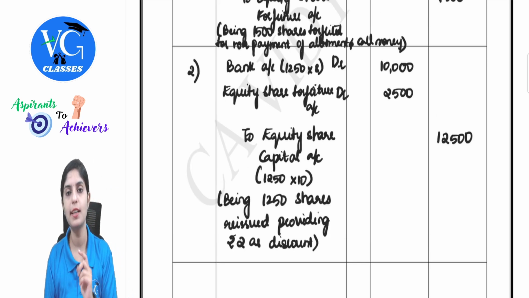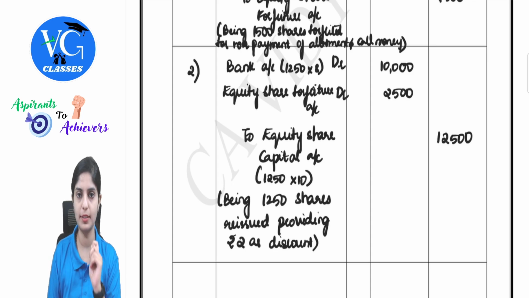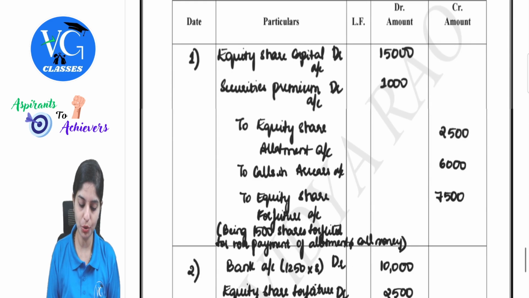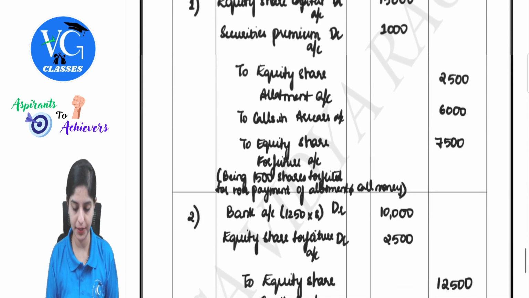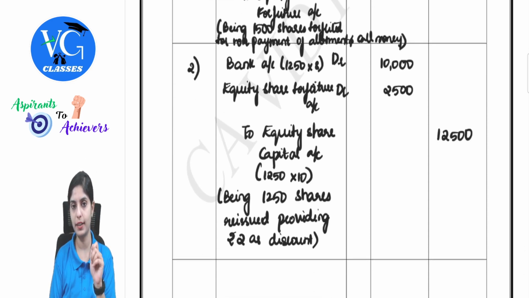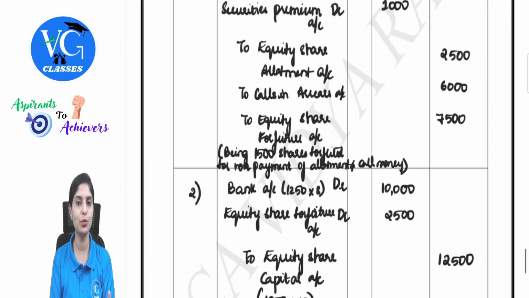Now the point here is how much should be transferred to capital reserve should be calculated. See, in this question, there was total share forfeiture credited by 7,500 and with respect to discount, we have used 2,500. Can we just net off this as we normally do and transfer to capital reserve? No, not possible. Why? Because the number of shares which was forfeited was 1,500, whereas the number of shares which is reissued is 1,250.